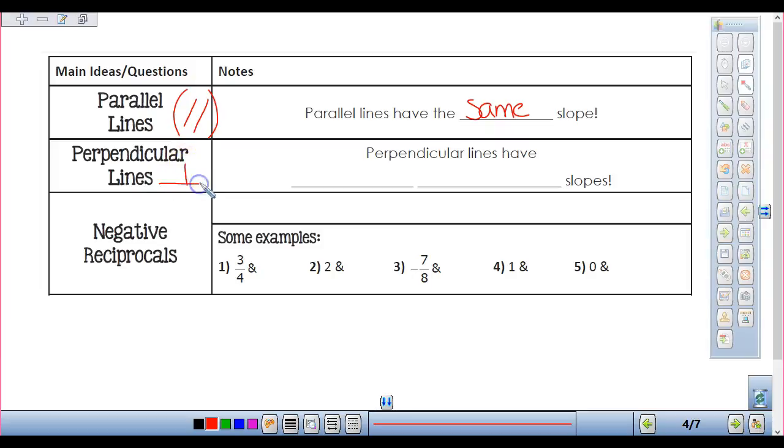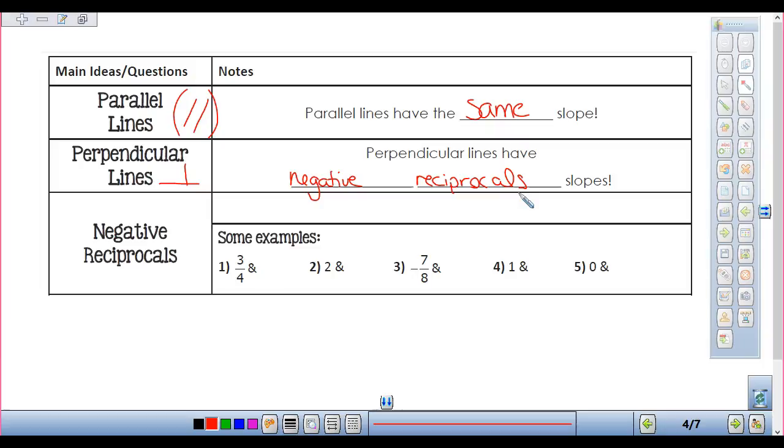Perpendicular is this. Okay? Now, perpendicular lines have negative reciprocals. Who recalls this from last year? A little bit, kind of, sort of?